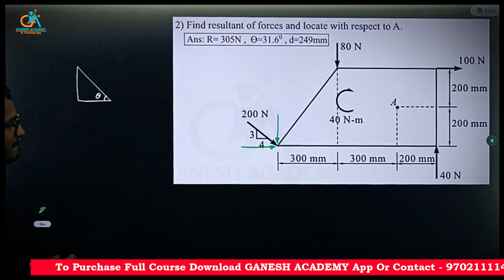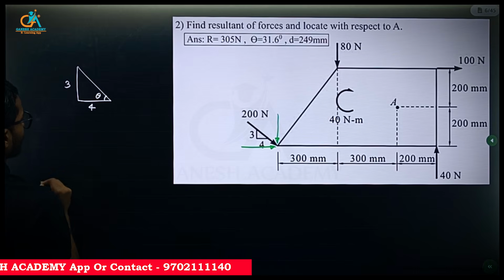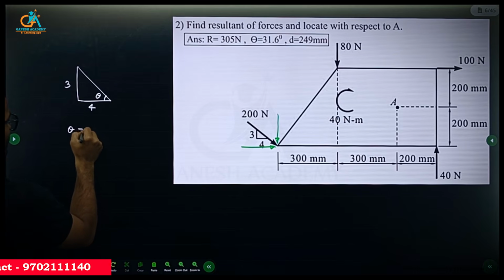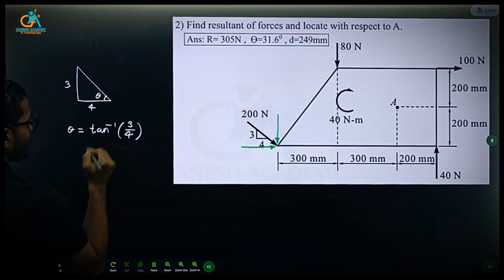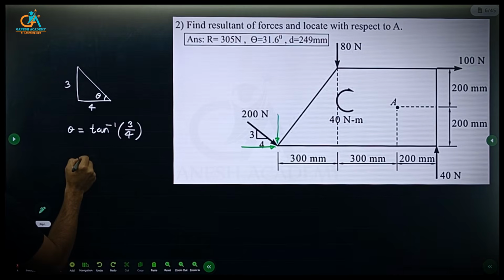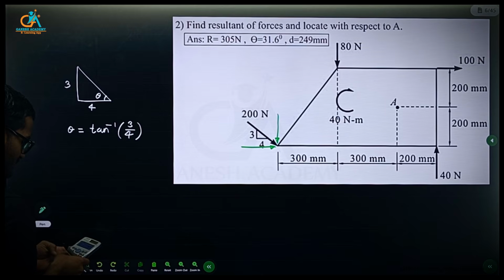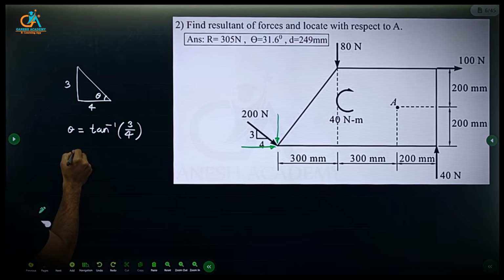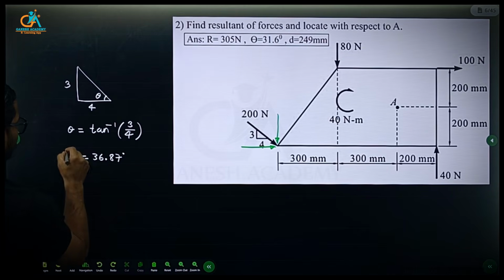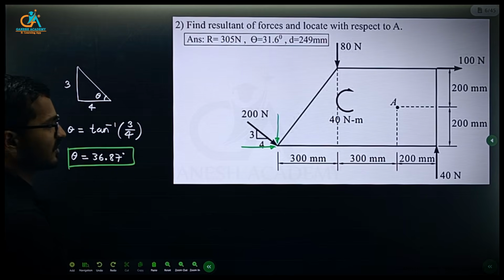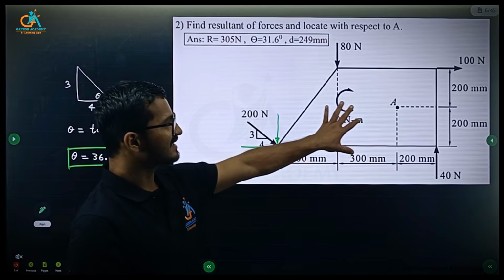Let's say that is theta. 3 vertical to 4 horizontal, then theta is equal to tan inverse of 3/4, and theta comes out as 36.87. Okay, right. So this is a general force system.